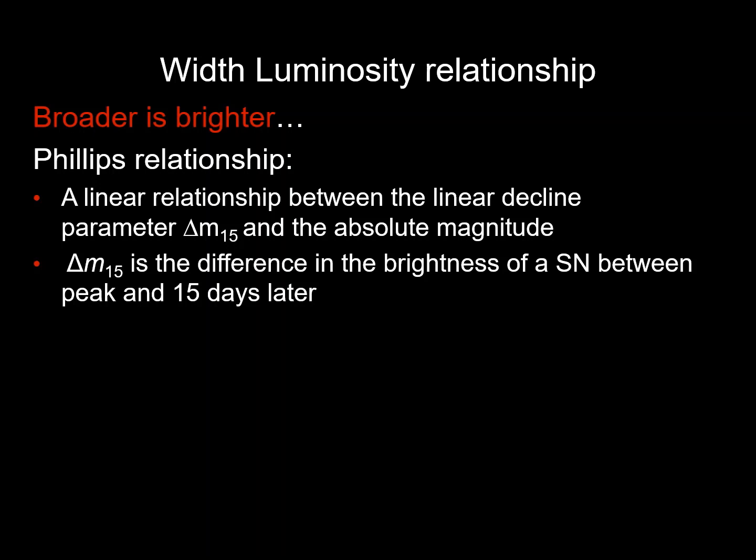It is a linear relationship between the linear decline parameter of the light curve and the absolute magnitude. This linear decline parameter is basically the difference in the brightness of a supernova at its peak and the brightness after 15 days.